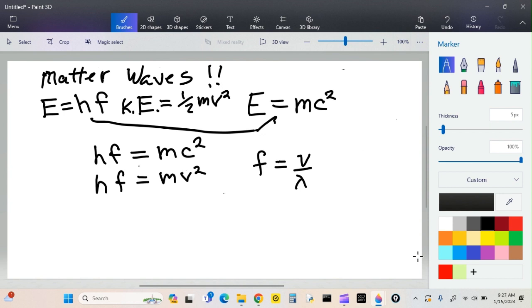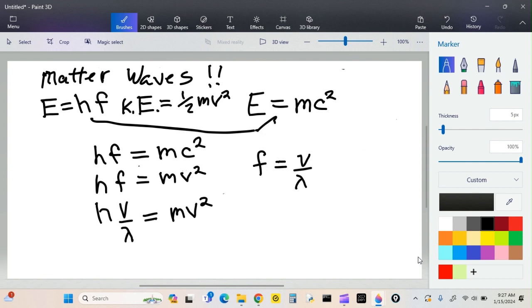Now, what I'm going to do is plug in this v over wavelength for the frequency. v, which is still velocity, over wavelength equals mv squared. And now bear with me.